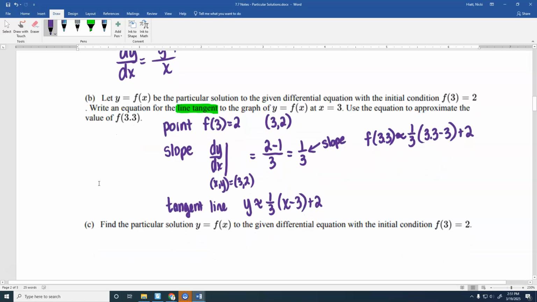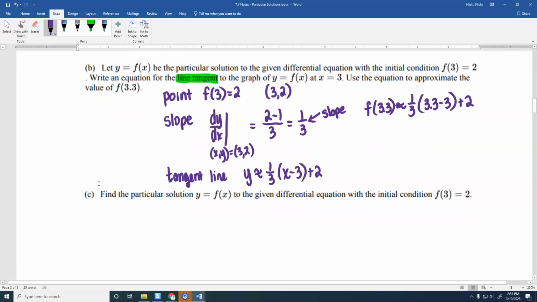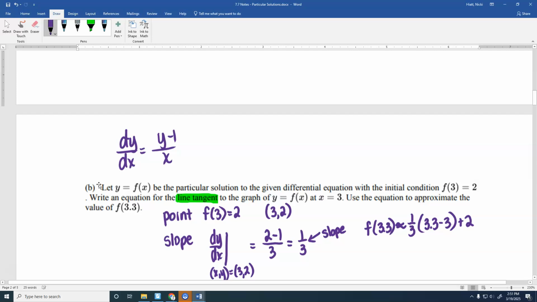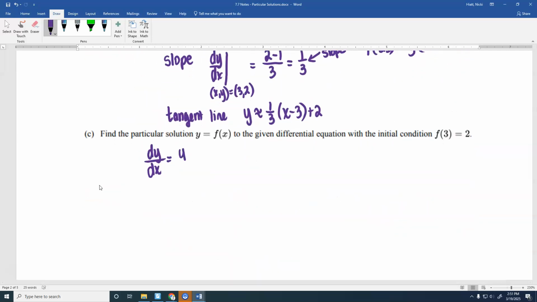All right, part C is where they want you to actually solve the differential equation. So we've got dy over dx equals y minus 1 over x. Now, this is how they word it on a free response question.